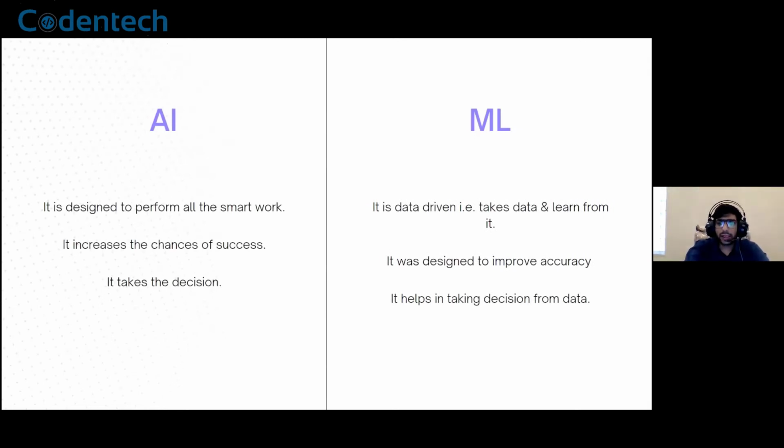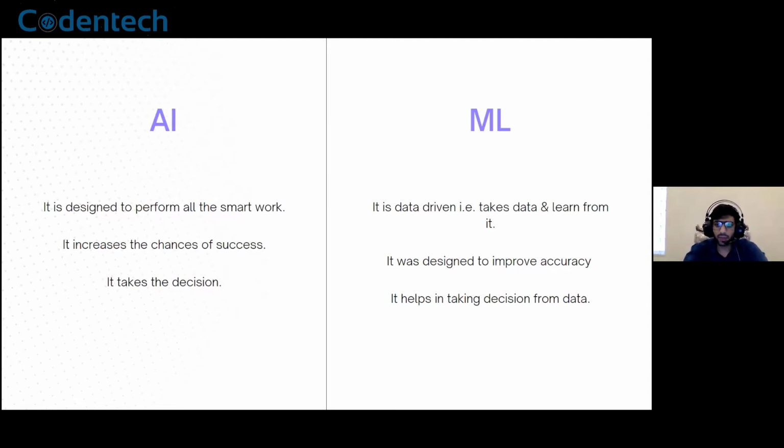AI does all the smart work. You see that a machine is making answers or calling out names. You ask your Alexa or your Google system something, and they answer you back. Who does that? It is artificial intelligence that does that.